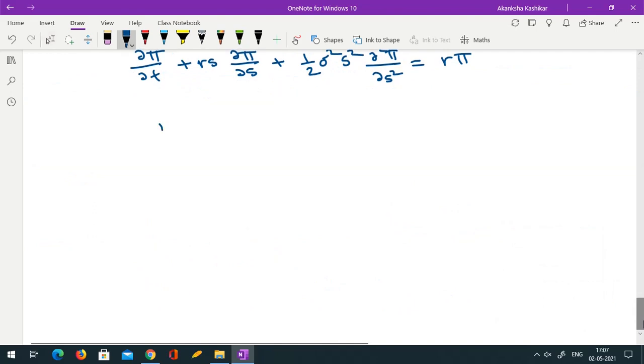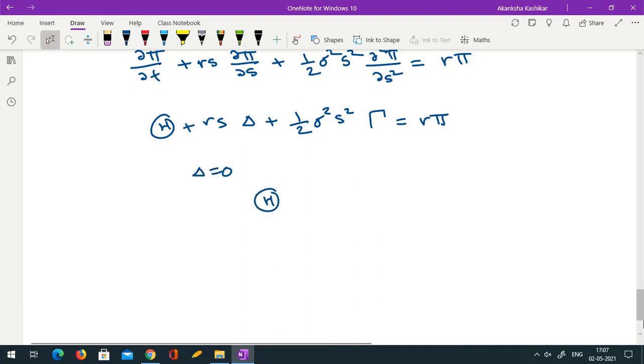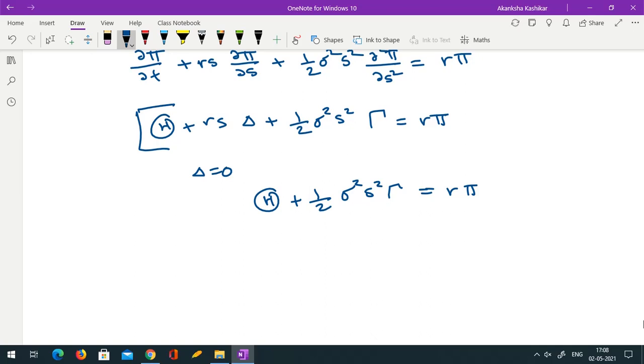So this gives me theta plus rs delta plus half sigma squared s squared gamma is r Π. If I have a delta neutral portfolio, then theta plus half sigma squared s squared gamma is equal to r Π. So this is the relationship between theta, gamma and delta.